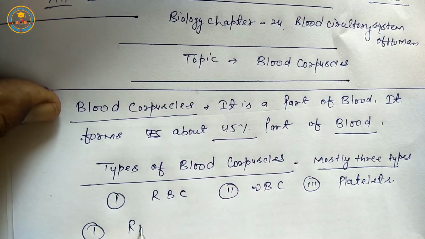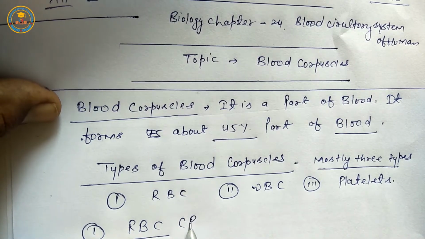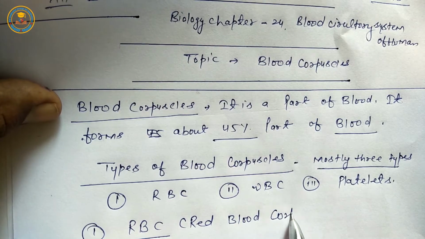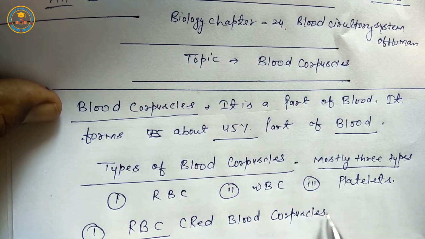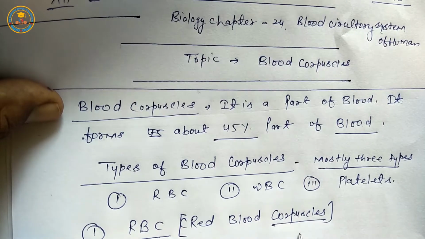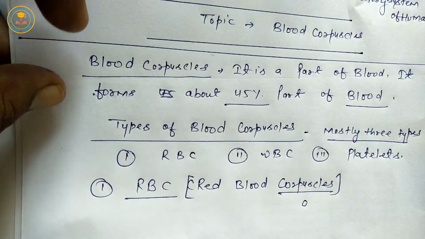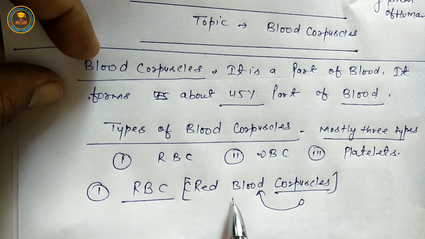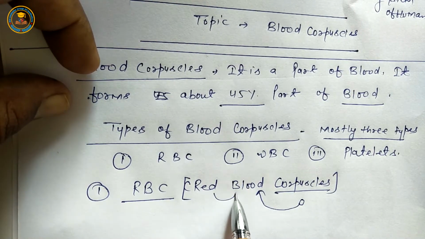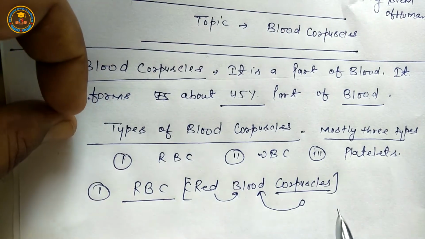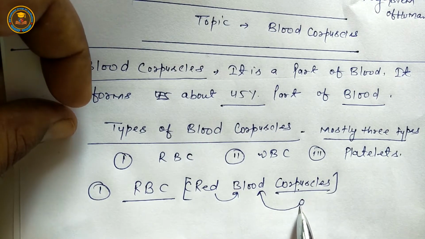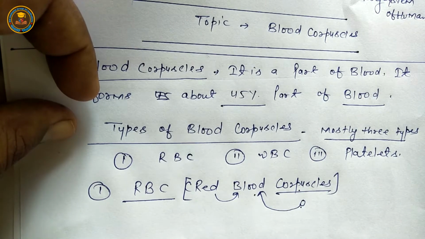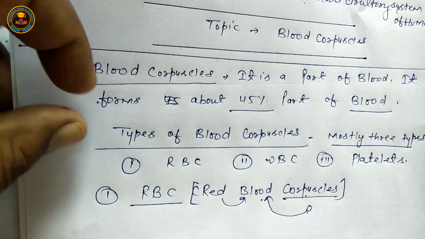First of all, first is red blood corpuscles. Students, it means granules like structures located in blood and provide red color to blood.